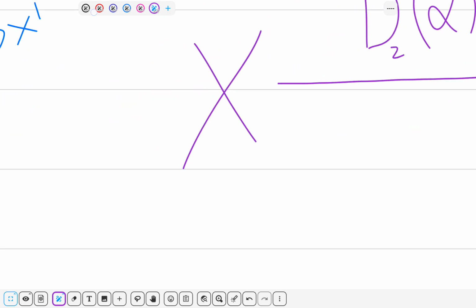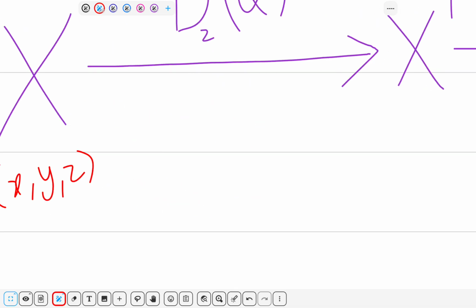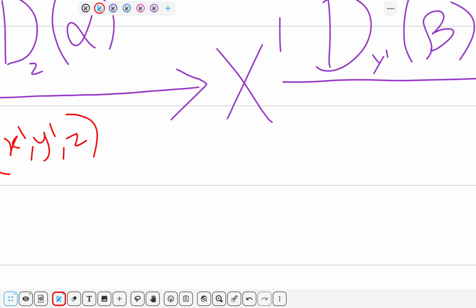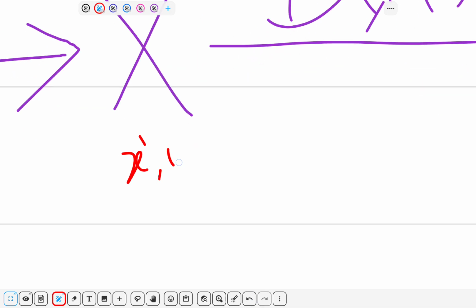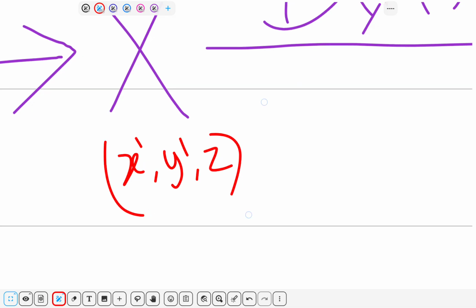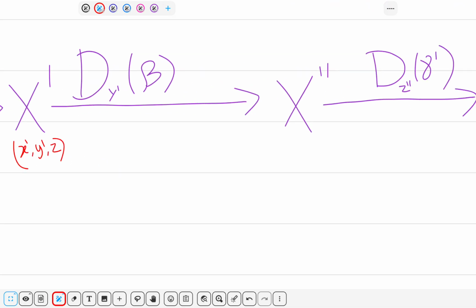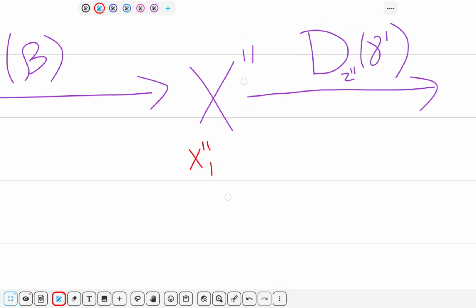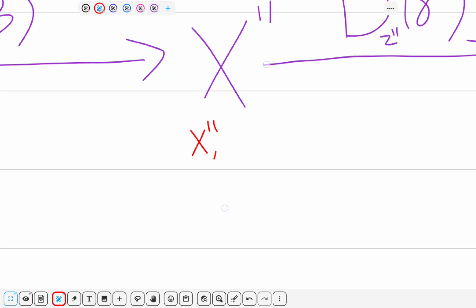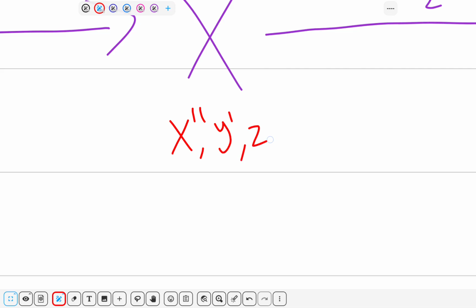Initially, suppose you had xyz coordinates. Now in this new coordinate system, x prime and y prime, because you did a rotation, the x axis got changed. And then again you did about the y prime, so you have now x double prime, y prime, z prime.